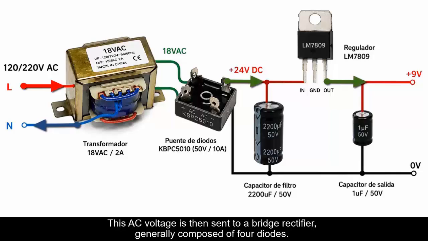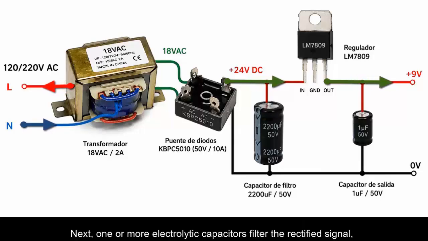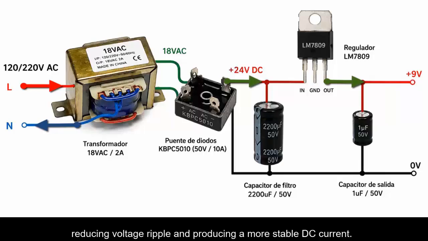This AC voltage is then sent to a bridge rectifier, generally composed of 4 diodes. The function of this circuit is to convert alternating current into pulsating direct current. Next, one or more electrolytic capacitors filter the rectified signal, reducing voltage ripple and producing a more stable DC current.